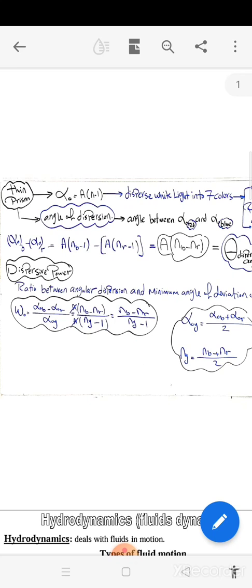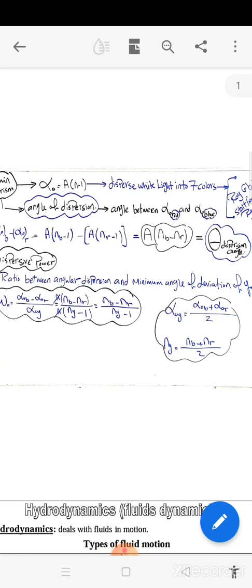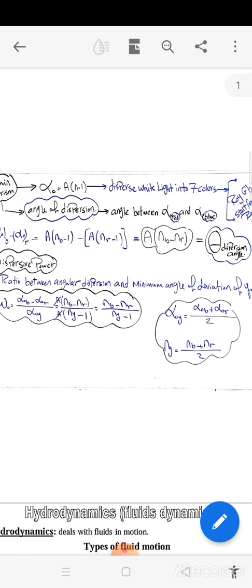We will get apex angle times the refractive index of the blue minus 1, minus apex angle times the refractive index of the red minus 1, which gives the apex angle as a common factor. So between brackets we will have the refractive index of the blue minus the refractive index of the red. It's called the angle of dispersion or dispersion angle.